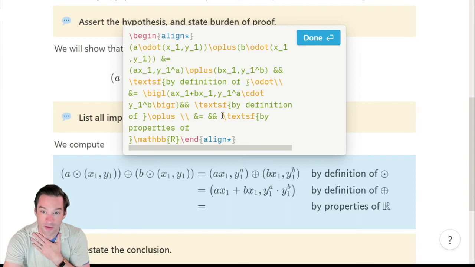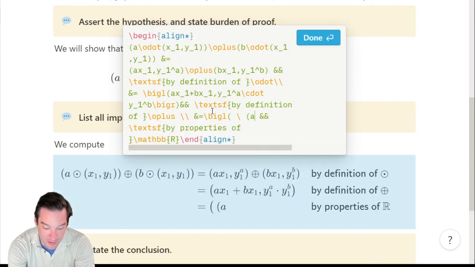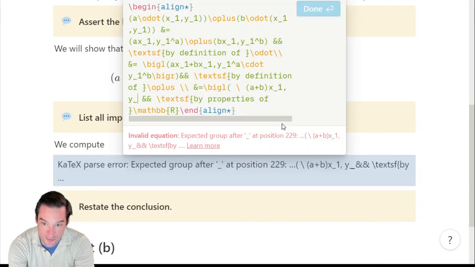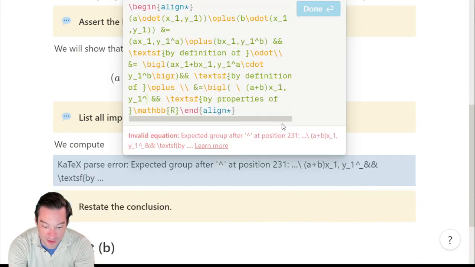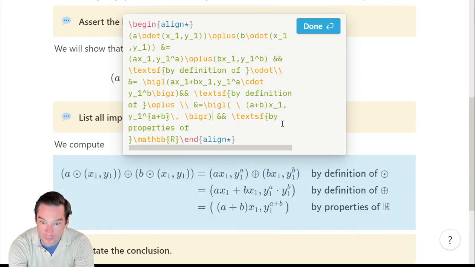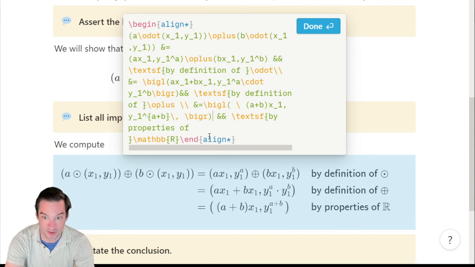According to those properties, I can factor out the x1 from the multiplication by a plus b, and I can use properties of exponents to replace y1 to the a times y1 to the b with y1 to the power a plus b, using the algebra that we learned coming up through high school.